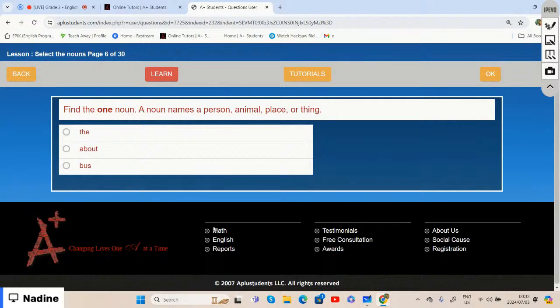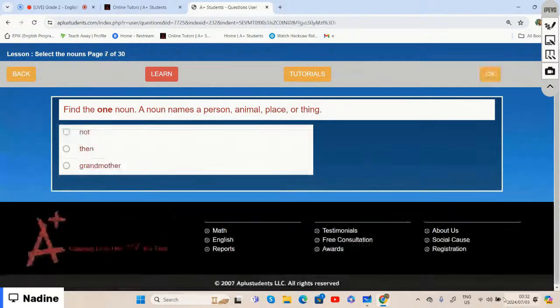All right, and if we were to choose the correct option, we would then say bus. Yes, and bus is correct, right? And bus names a thing, right? So what kind of thing? It is a form of transport, right? So well done.